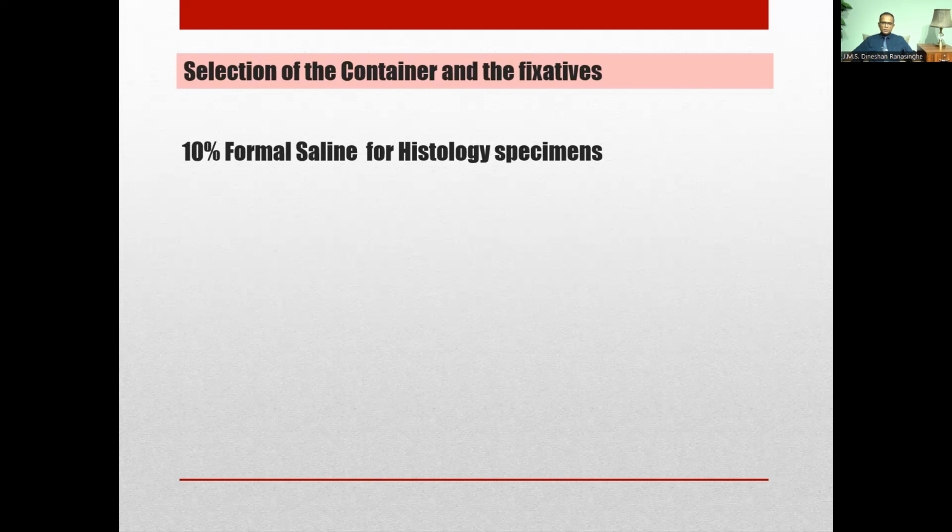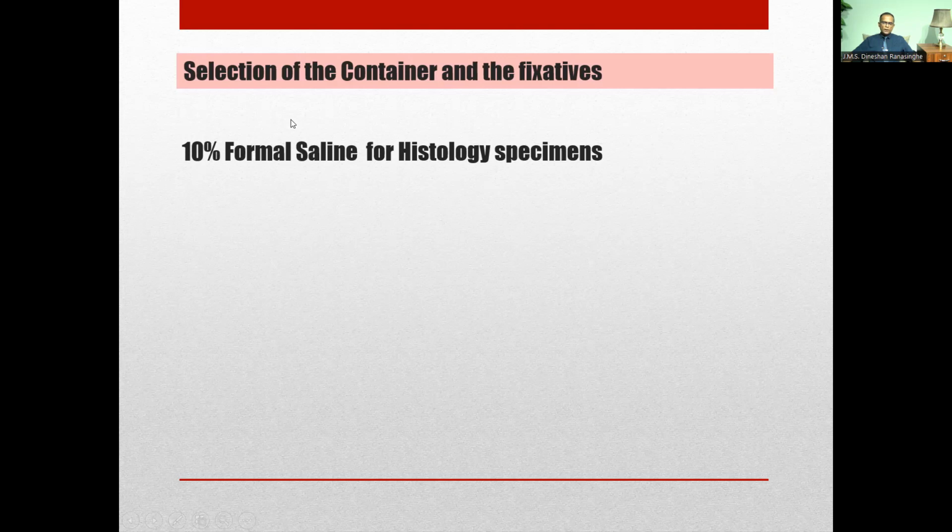I think this is by mistake because some people call this formalin, some people call this formal saline. The person who has sent the histology specimen in saline may have thought this is sort of a saline. But we have to appreciate that this is a diluted solution of formalin, and we call it 10% formal saline.